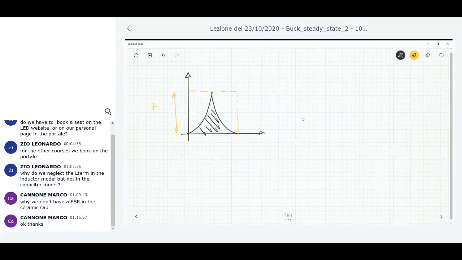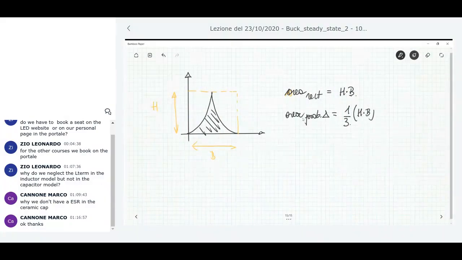The area of the rectangle is height multiplied by base. So the area of the parabolic triangle is 1/3 of h multiplied by b. So 1/3 of the area of the rectangle that encloses the parabolic triangle.